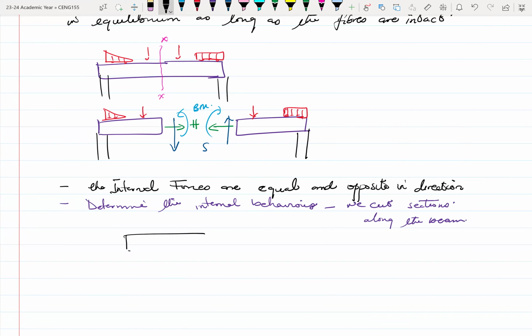So for example, you take this, you cut as many sections as you can, all right?